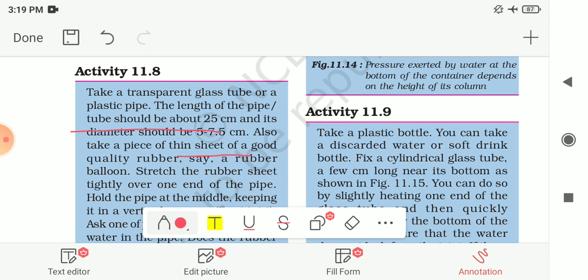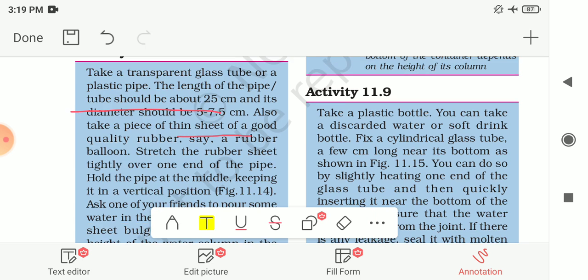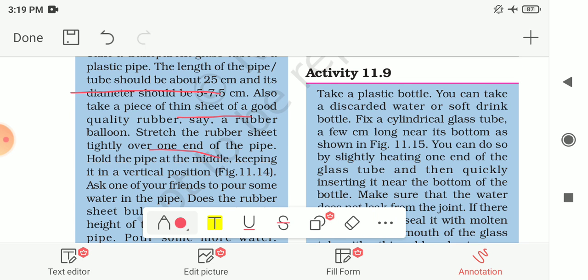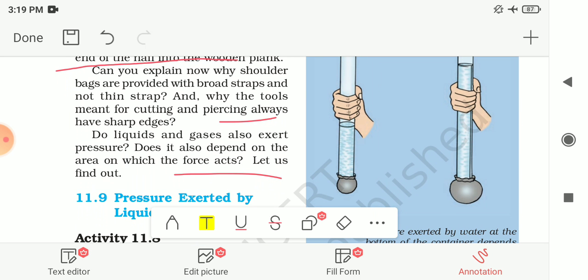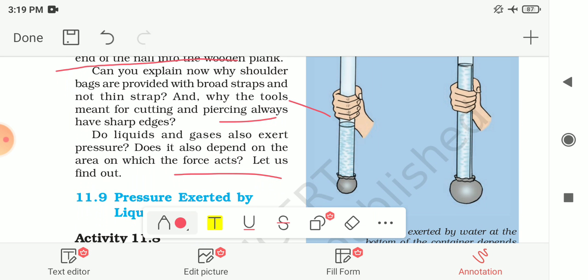Then stretch the rubber sheet tightly over one end of the pipe and hold the pipe at the middle, keeping it in a vertical position, like shown here in the figure, with the rubber sheet fixed at the bottom.